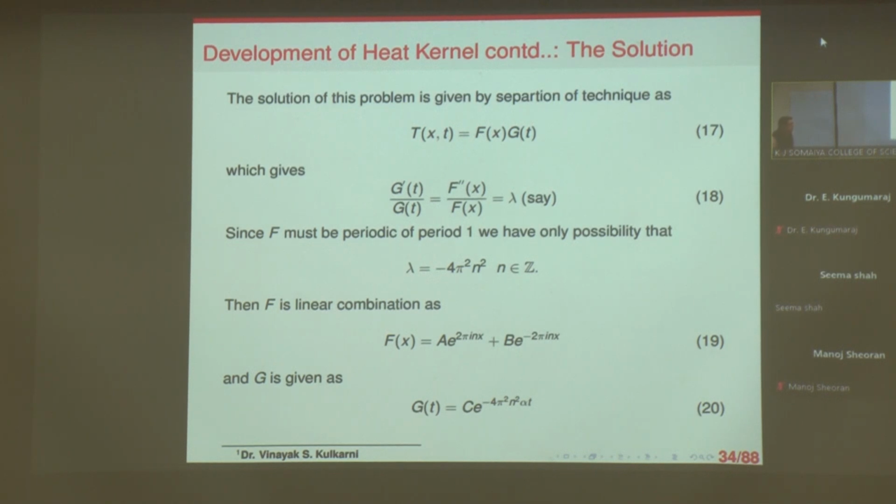Now the important thing is that as the point described here is located on a circle, F is a periodic function of period 1. Do you agree with this statement?